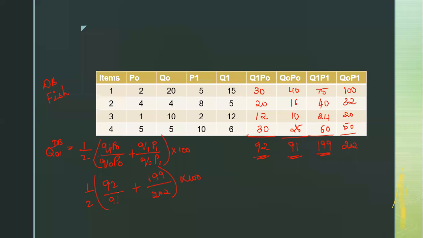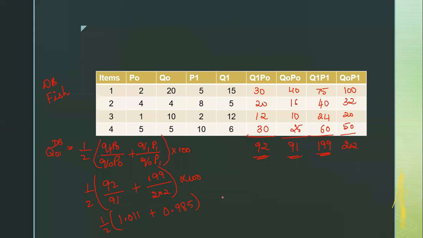Okay, so 92 divided by 91, what is the value? 1.011. Okay, plus we have 199 divided by 202. 0.985.